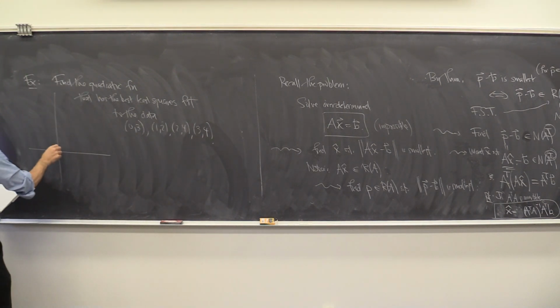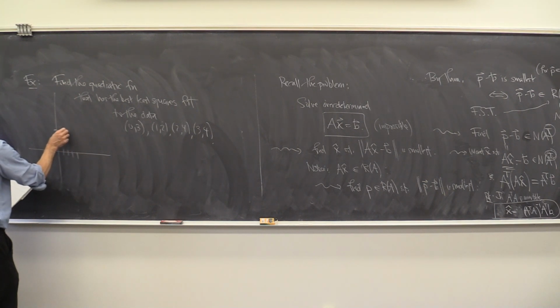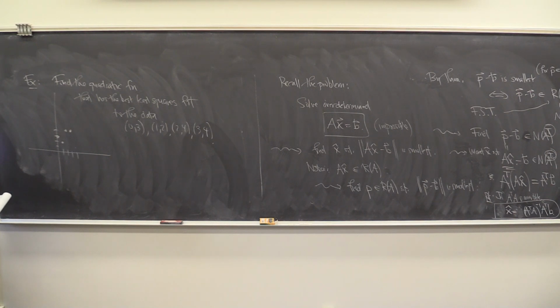So you have 0, 3, 1, 2, 2, 4, and 3, 4. Somebody's giving you 4 points and says, find me the quadratic function that passes through these 4 points. That's actually too many points, because to specify a quadratic function, you need 3 points.